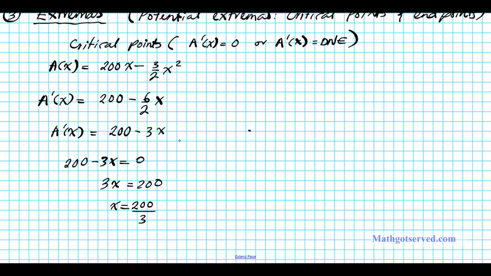Now, when is 200 minus 3x undefined? This is a linear function. It's defined for all values of x, so the answer is never. Since the derivative is always defined, that confirms our conclusion earlier that the function is differentiable for every x in the domain. So this is our only critical point.